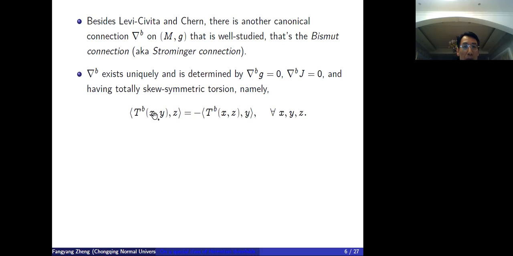For the XY part, it's certainly skew-symmetric by definition. But if you use the metric to pull back the Z part, then it becomes a 3-0 tensor. You want the 3-0 tensor to also be skew-symmetric in the last two positions, so it becomes a 3-form. When you impose this restriction, then the Hermitian connection becomes unique. That's called the Bismut connection.